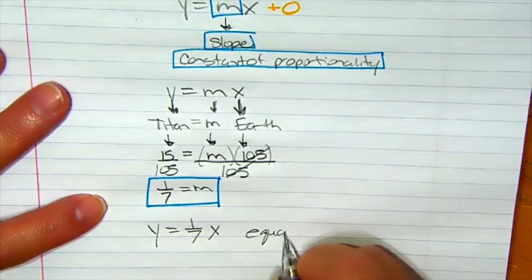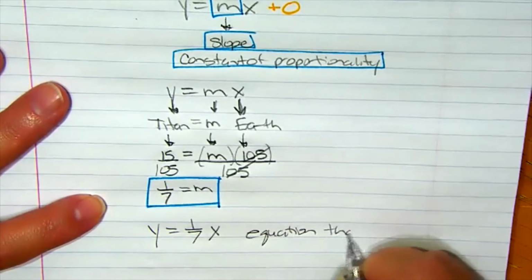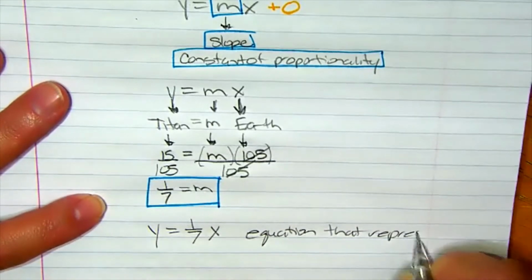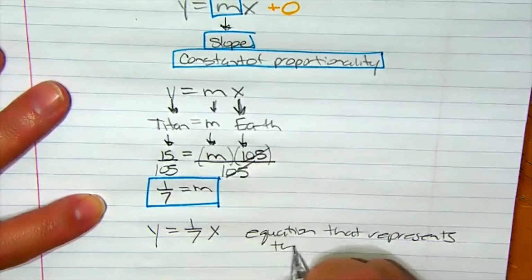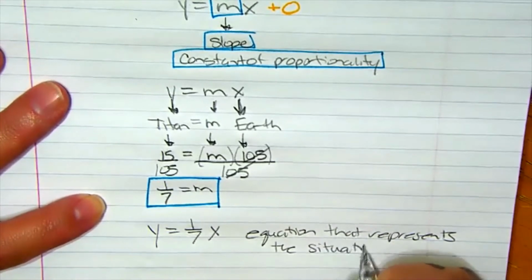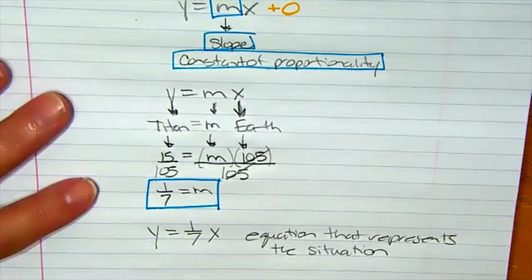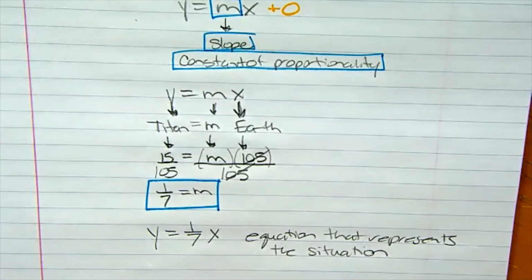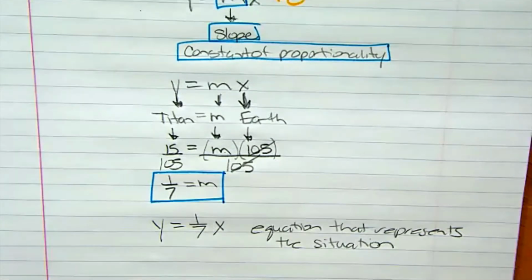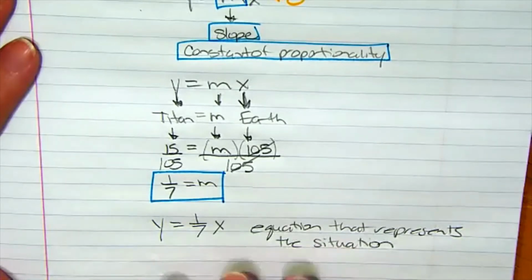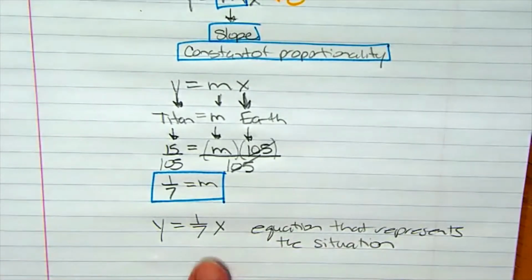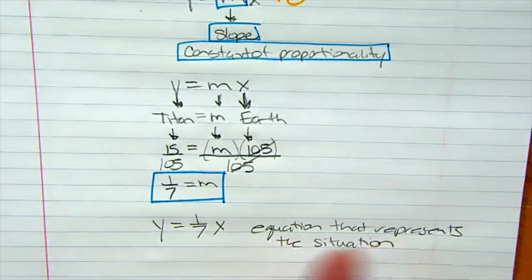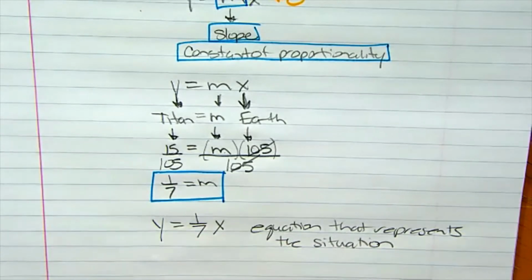This is the equation that represents the situation. Okay, so this was the first part of the question. Write an equation that represents the situation. We've done that.